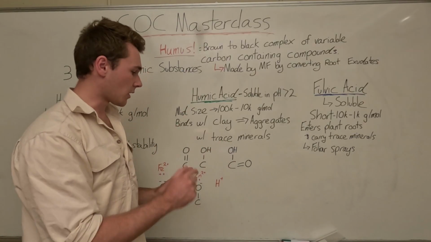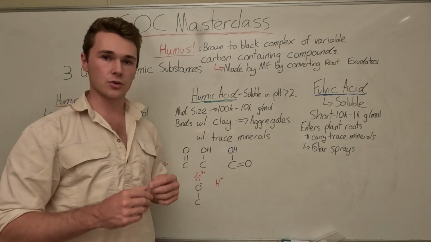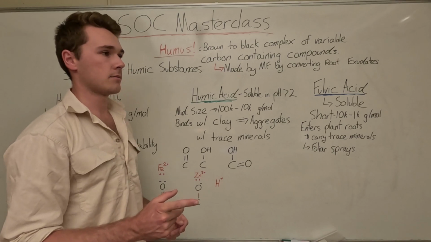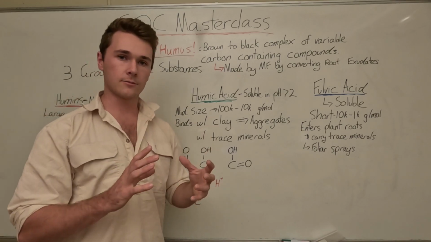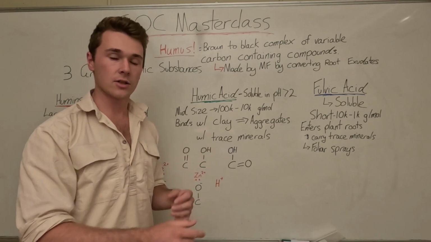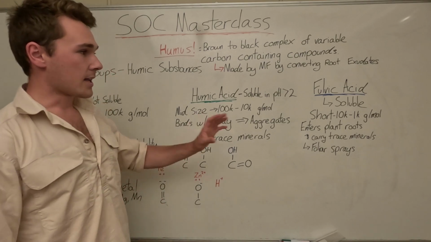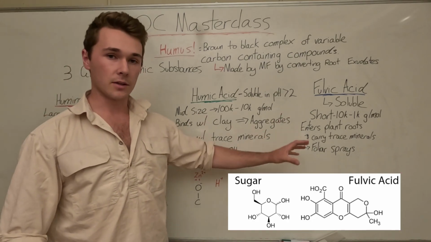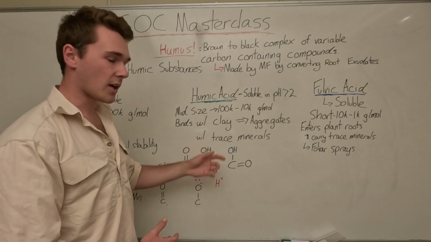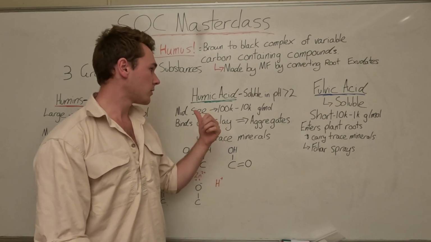Each of those sites will be able to bond with a different trace mineral, as long as it's positive, and there should be some positive sites on the compound, which will allow it to bond with anions, so negatively charged compounds. So when we think of all that, fulvic acid actually has twice the ability to bond with different metals or trace minerals, twice the ionic exchange as humic acid.